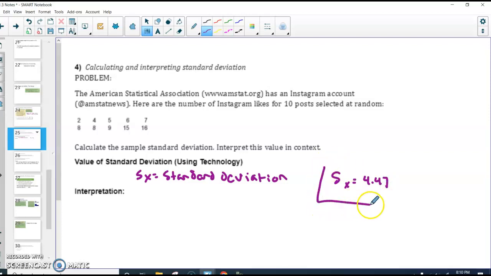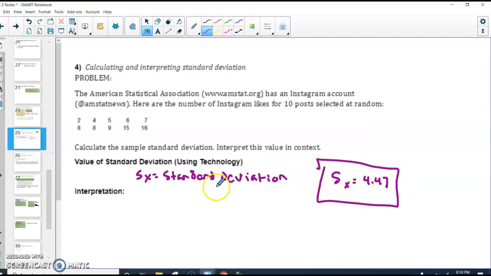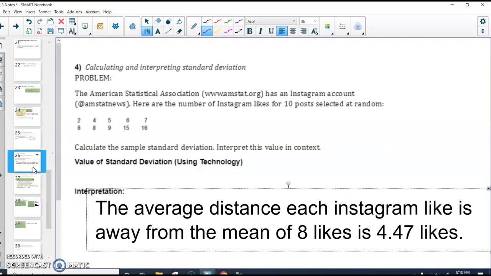And if I were to do this formula by hand, I would get that specific value. So how would I interpret that? Well, I would say that the average distance each Instagram like is away from the mean of 8 likes is about 4.47 likes. Okay? So that's standard deviation.